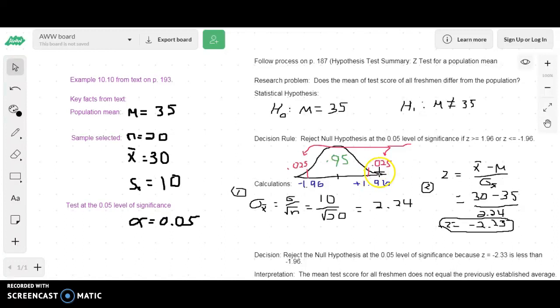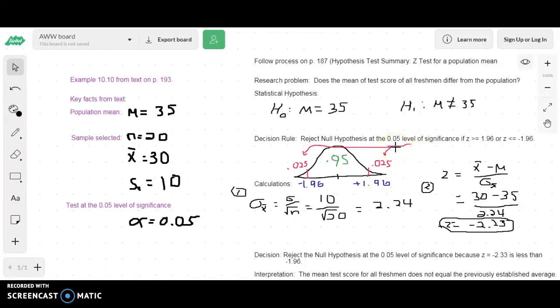We're establishing the rare event, which is so rare that we're going to reject the null, at a spot where the area under the curve in this tail is 0.025, and the area in the other tail is 0.025 as well. This is found by taking the level of significance and dividing it by 2.